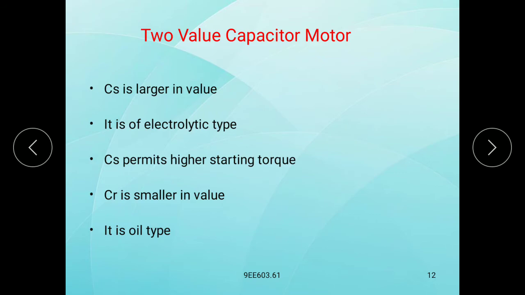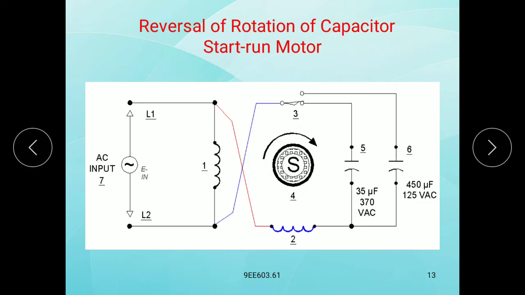Here 450 microfarad is CS and 35 microfarad is CR. So these are the values of the capacitors.